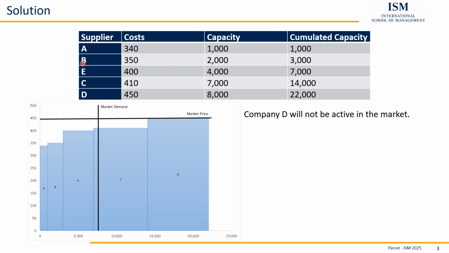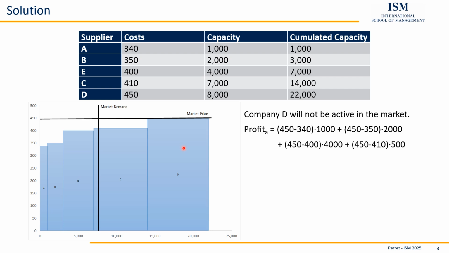We know A, B, and E already supply 7,000. That's where those accumulated capacities come in handy. So here we are at 7,000, here we are at 7,500, so C supplies 500 units. The other ones all supply the capacity, first three, D supplies nothing.